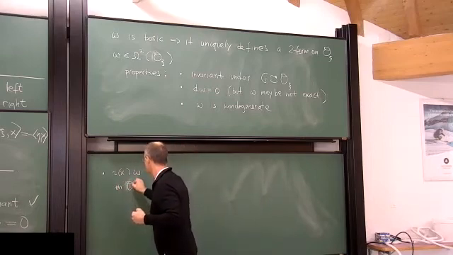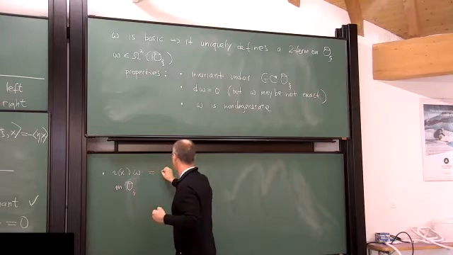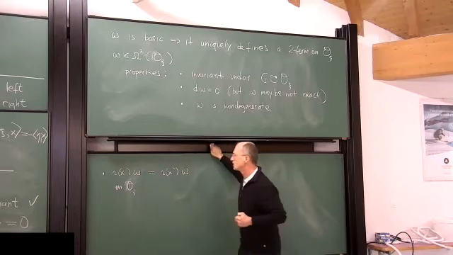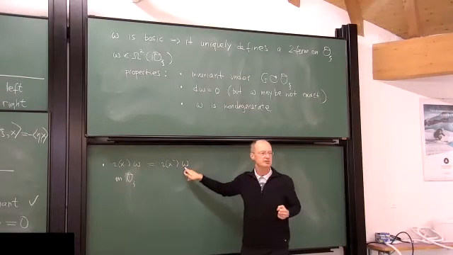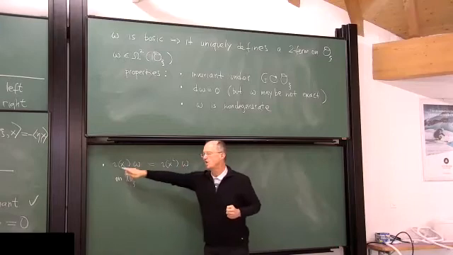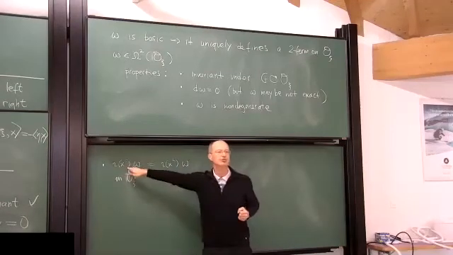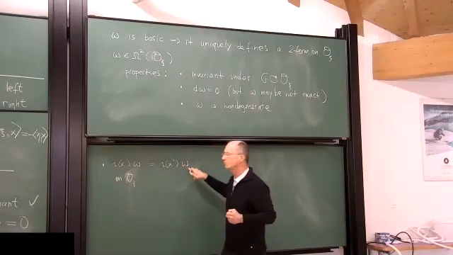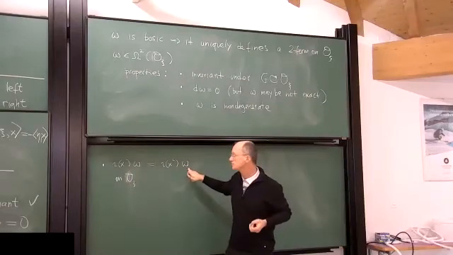It starts getting slightly confusing because I use the same notation and I identify the forms on the orbit and on the group, the basic forms.